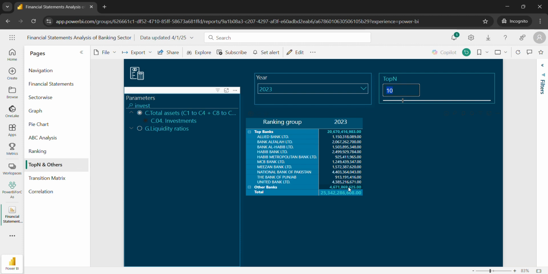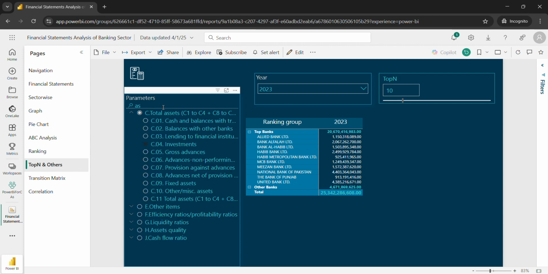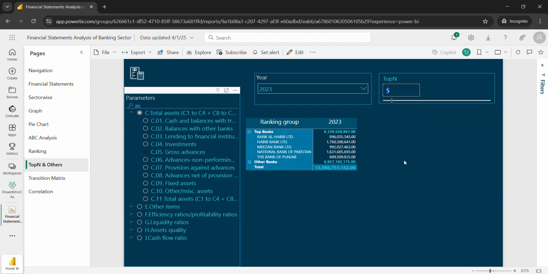So if we select the top 10 banks that make up the major portion of the industry's investments, and if we talk about assets and gross advances, again the same, the top 5 banks have the major portion, almost half of the entire industry. So that's how these TopN and Others work.